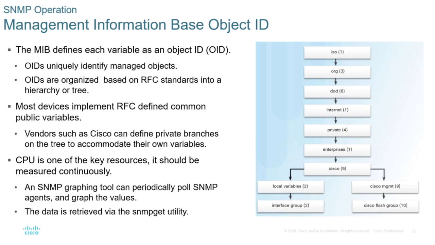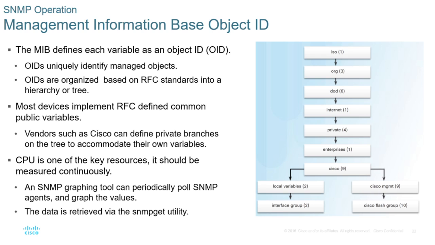Then when we think about the management information base, or the management information base object ID, it is a way of organizing the various information that is available in a particular device. Most devices will implement the standard common public variables, and in addition to this, some vendors may also implement their own additional variables.